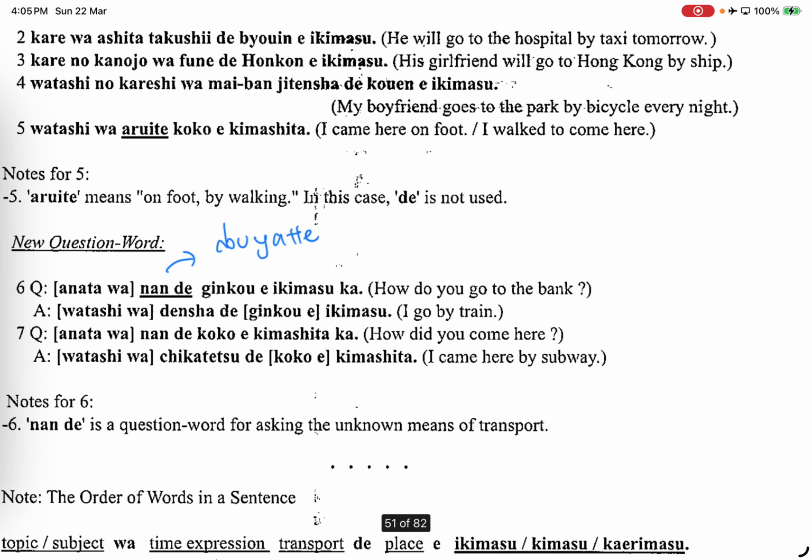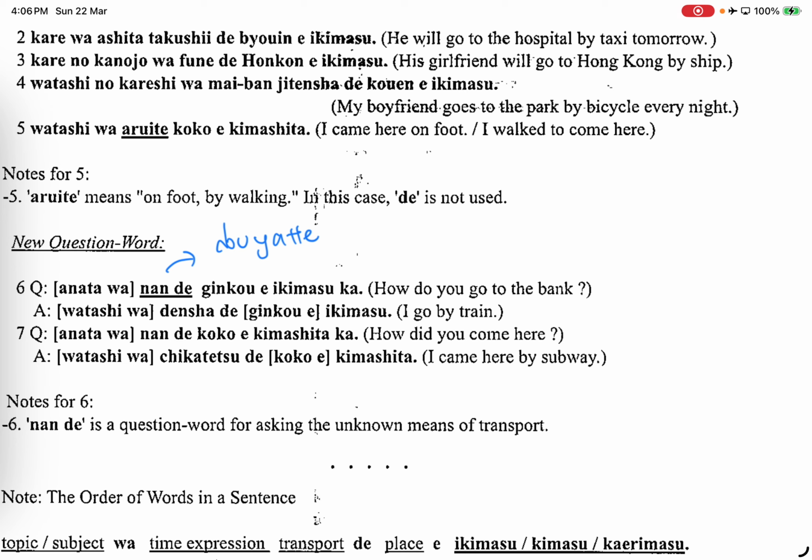5. 私は歩いてここへ来ました。So the 歩いて is the verb that I was mentioning to you, right? The te form verb. So this te form verb already includes the particle で inside already. It implies the meaning of で. So it's like 歩いて means by walking, or rather by foot, right? I think of it as by walking, because arukimasu is to walk.